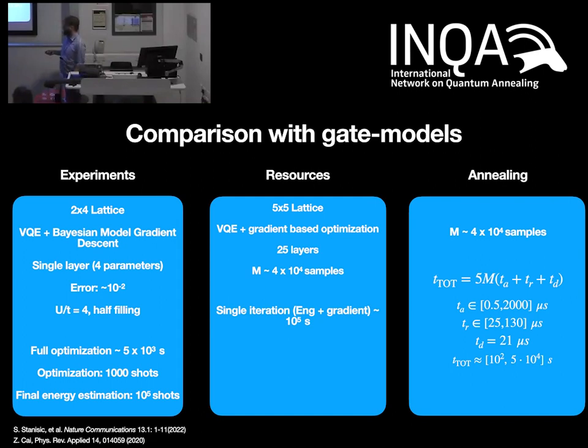Google and Spacecraft did full optimization in about 5,000 seconds, where during the optimization they collected only 1,000 outcomes, 1,000 bit strings, averaged them, and used them for the optimization. The final step was done with 100,000 shots.